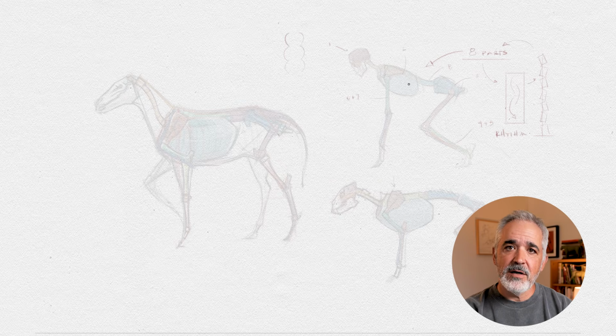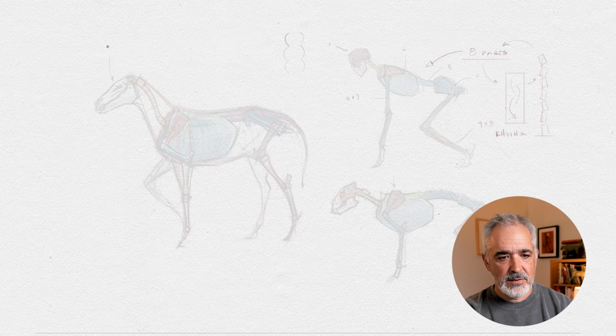So are there 8 parts in animals? There's a head, there's a rib cage, there's a pelvis, there's 2 arms, there's 2 legs, and then there's a spine.